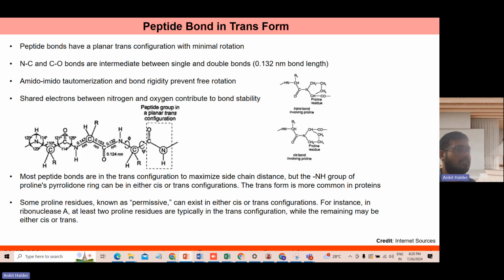If the side chain distance is minimized, then there will be steric clashes. Okay, there will be steric hindrance, and the whole structure of the peptide bond would be very disoriented and disorganized. That's why the side chain distance needs to be maximized, and the peptide bonds remain in the trans configuration. Okay.